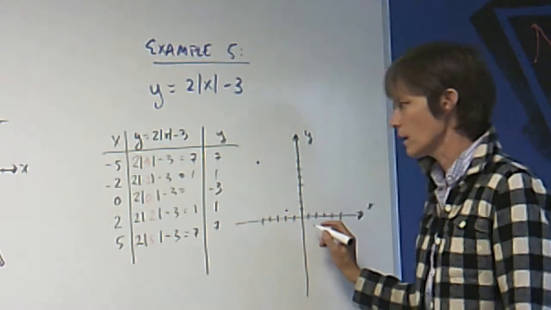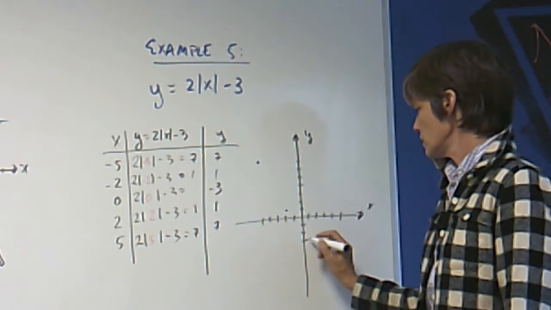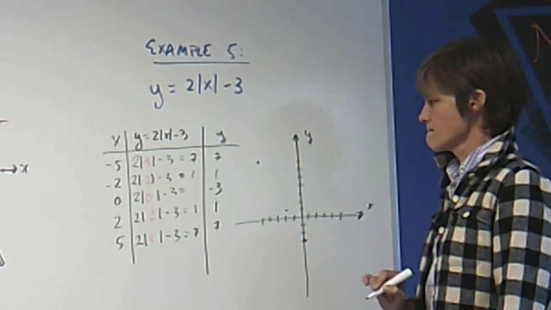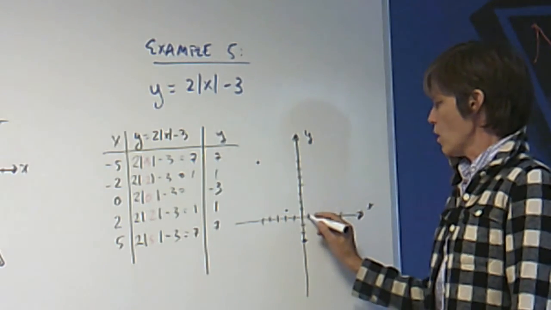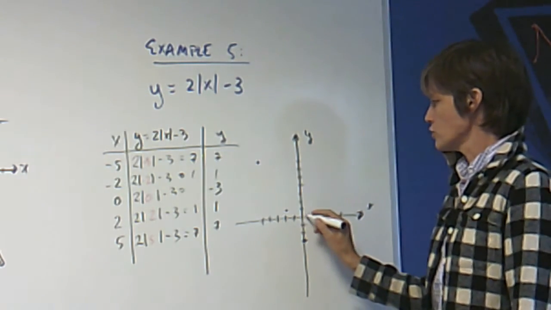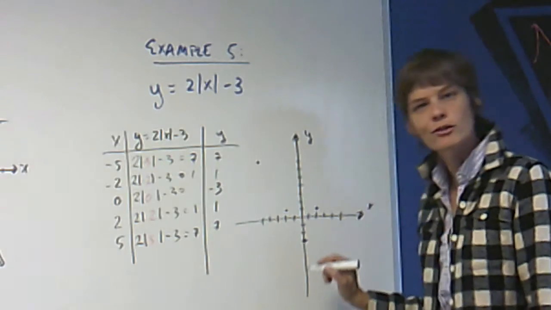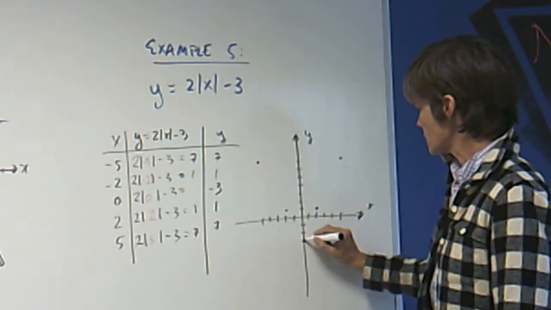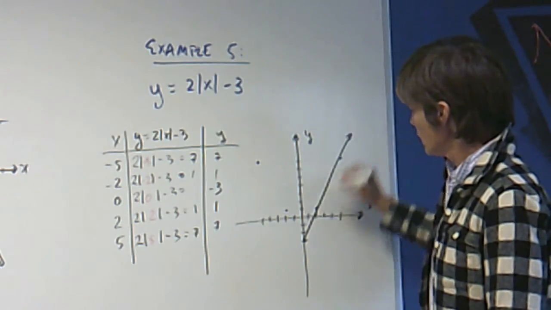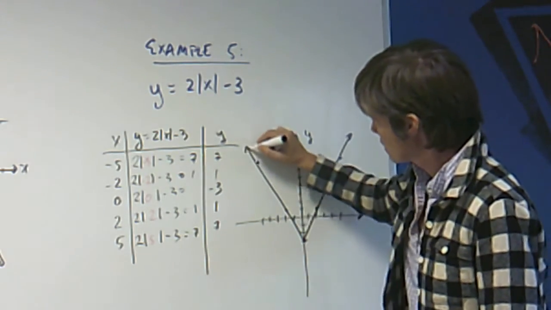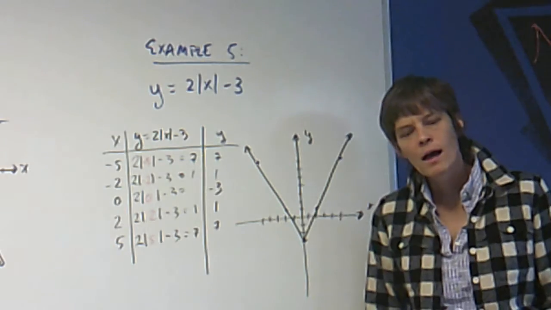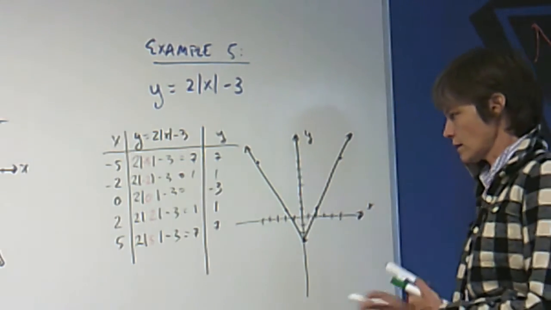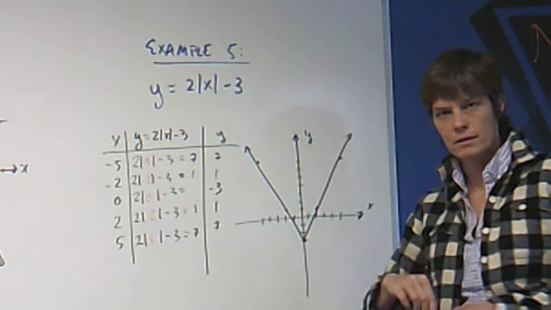Oh, yeah, this is minus 3. I didn't go down, did I? 1, 2, 3. I have to go down. 2, 1. I'm getting slow on my graphs. And 5, 7. Wait, hold on. It's a V. It's definitely a V. And it's definitely got its vertex there, in green, because everything's in green with vertex.